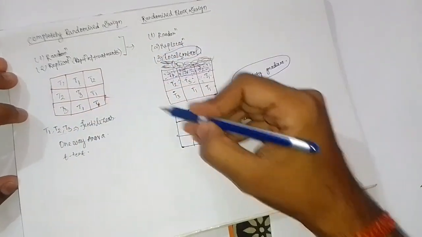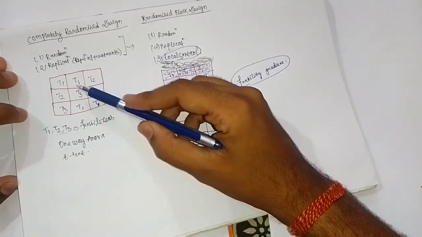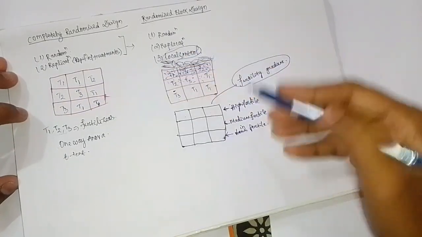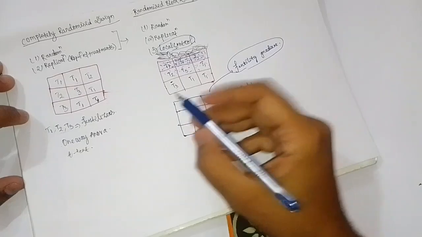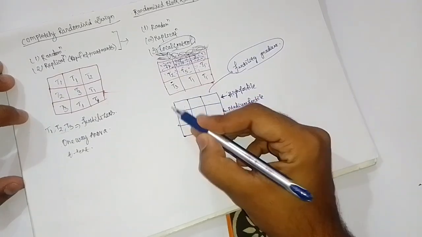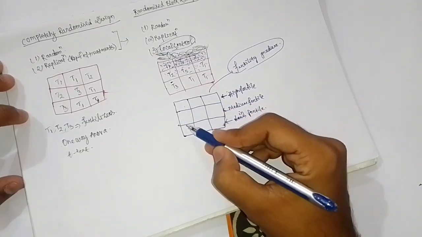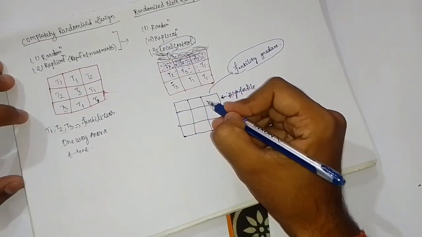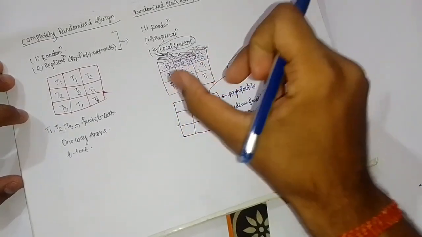In completely randomized design, we assign the treatments randomly to all experimental units, but in randomized block design, we block the experimental plots into 3 parts, and inside the block we randomize our treatments.